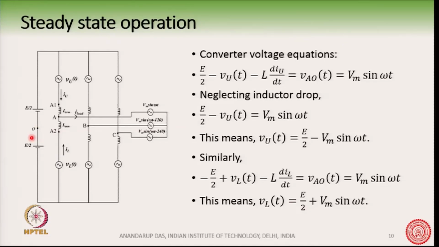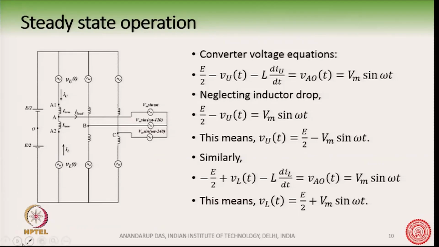In some cases, for example, in bipolar HVDC transmission, the O point can be physically accessible also, but for this analysis let us assume that O is an imaginary point. Now, from this circuit we can write the converter voltage equations.